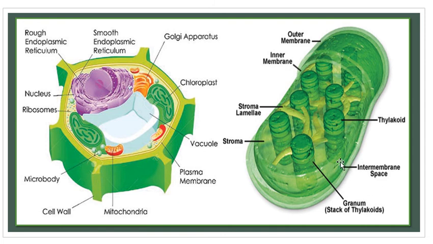Then there is the intermembrane space, and also the stroma lamellae. Now, another question: where in the chloroplast does photosynthesis take place? Let's proceed.